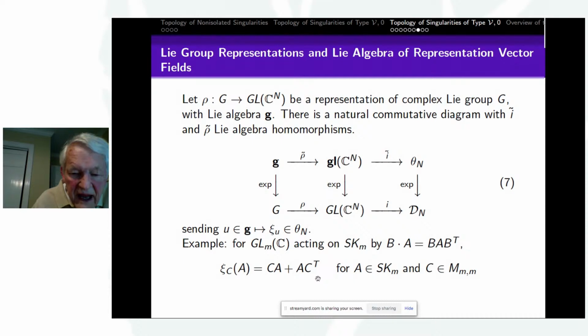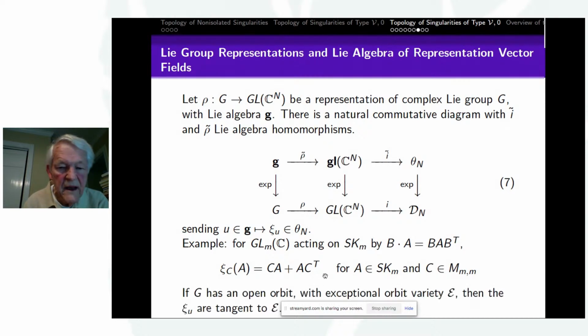And this actually defines, it doesn't look like it, a vector field on the space of skew symmetric matrices. The important thing about this is in the case of prehomogeneous spaces, if G has an open orbit, then with the exceptional variety E, all of these vector fields are tangent to E. So they give us entries in Der(-log E).